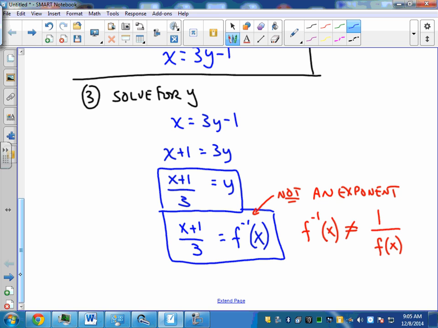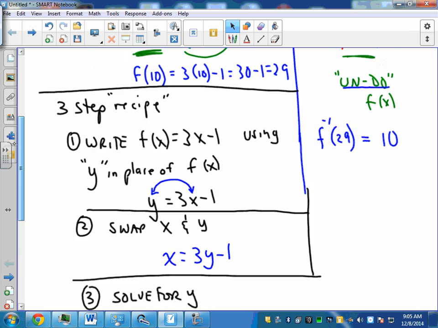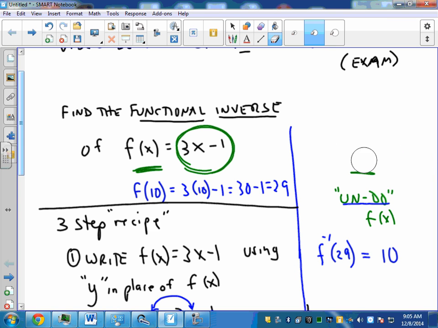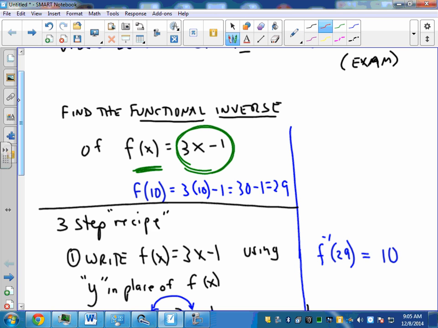Okay, so let's see how this actually comes into play. Remember our function that we had up at the top was 3x minus 1 here, and we wanted to come up with an inverse function that would undo this. And after going through this process, we have found that f inverse of x was equal to x plus 1 over 3.